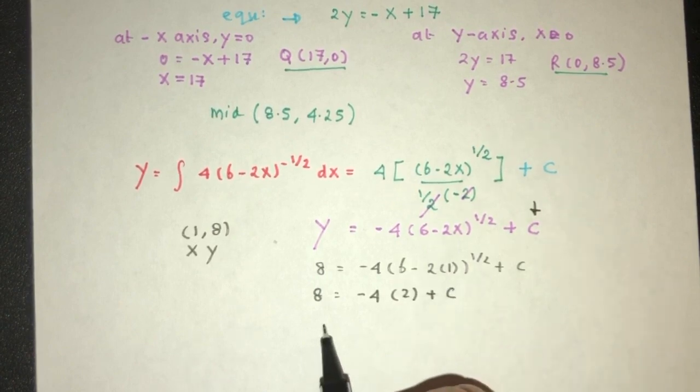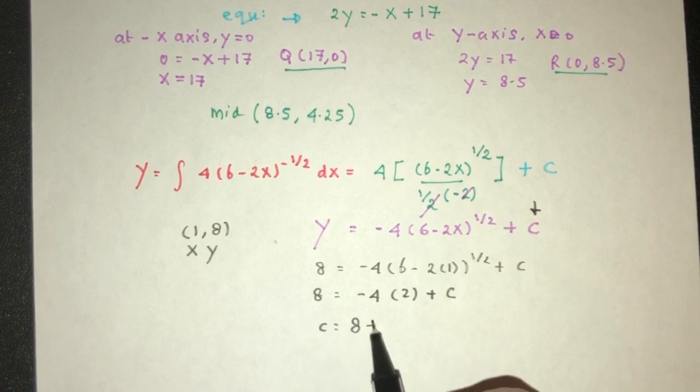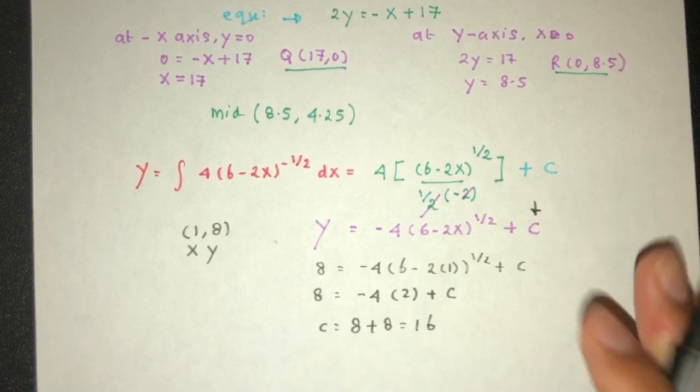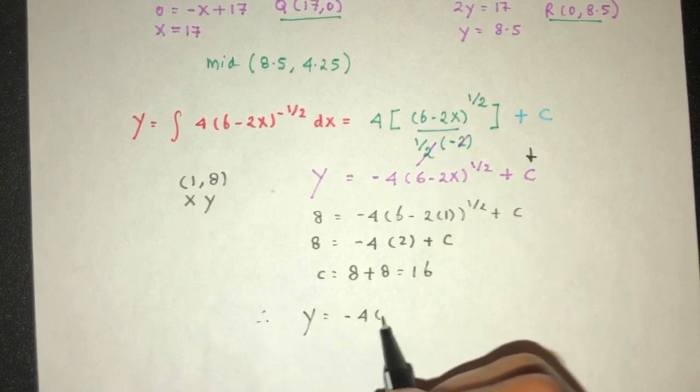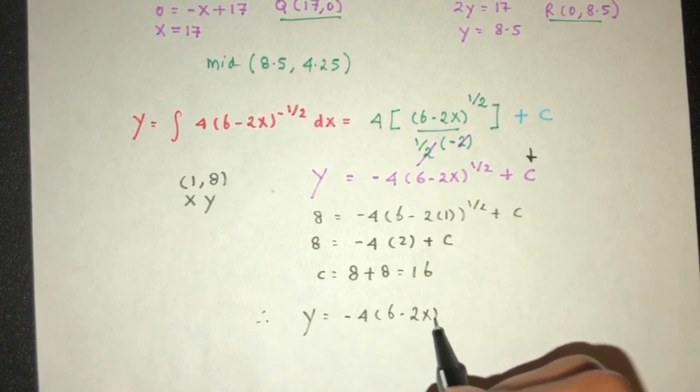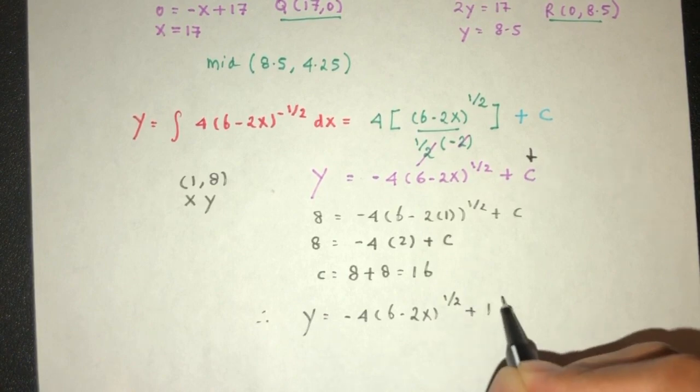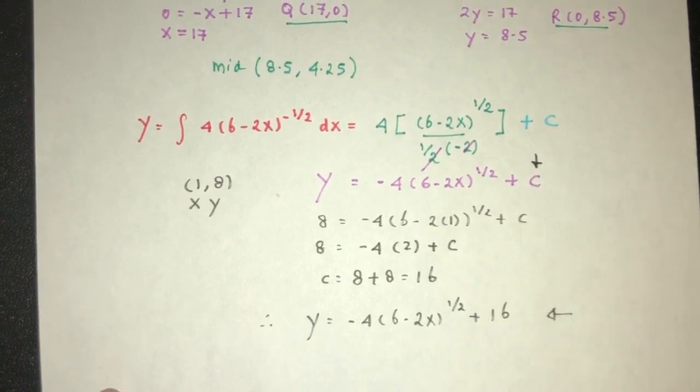So c will be 8 plus 8, that should be 16. So finally the value of y has to be minus 4(6 minus 2x) to the power of half plus 16. So that is your question in relation to integration. Let's move on to the next question.